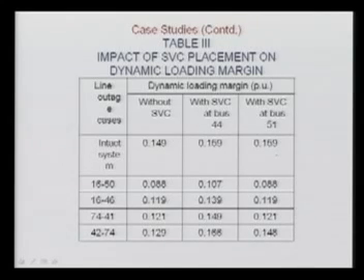Now to see the impact of SVC placement on the dynamic loading, we have again done this for various contingency cases and the intact system, that is the base case. Without SVC, our margin is 0.149, and with the SVC at 44 we are getting 0.159.